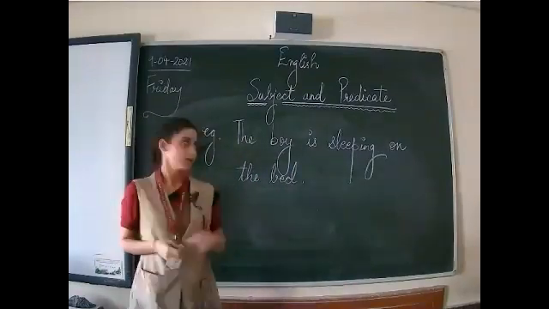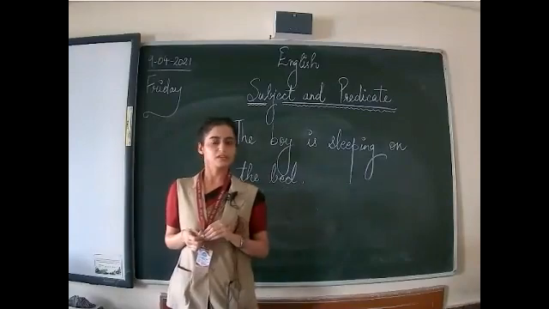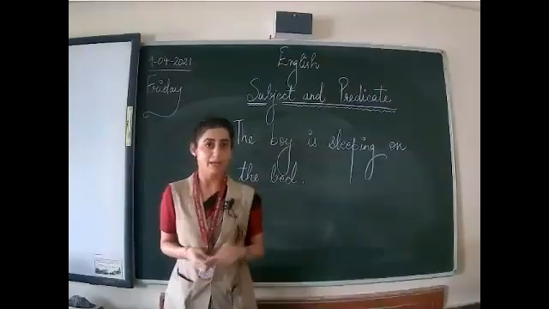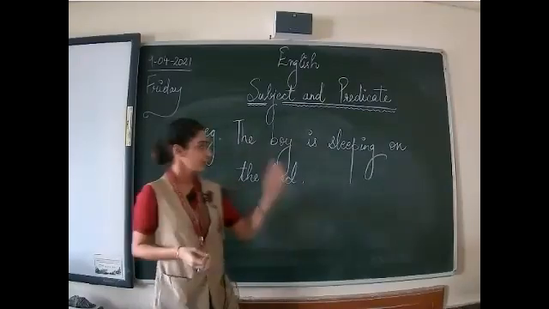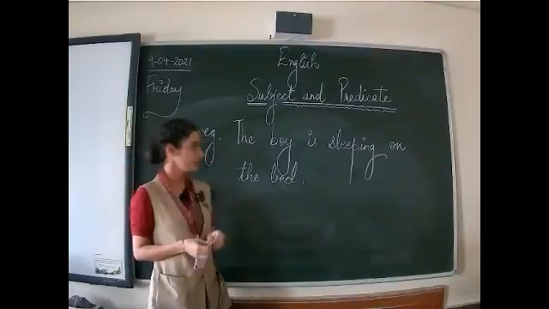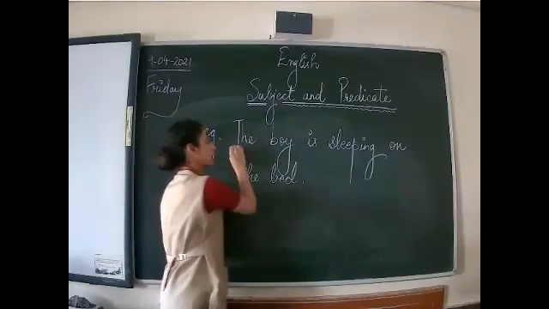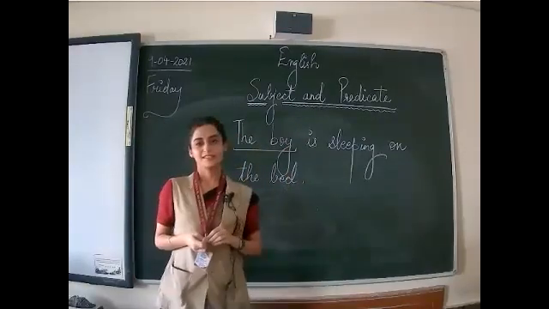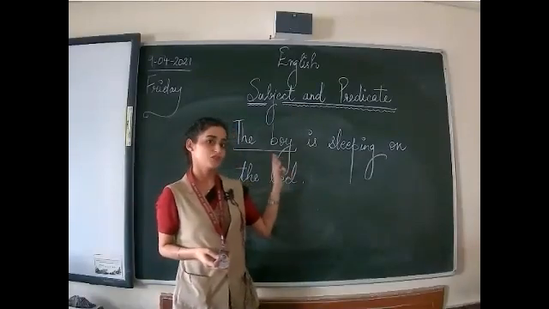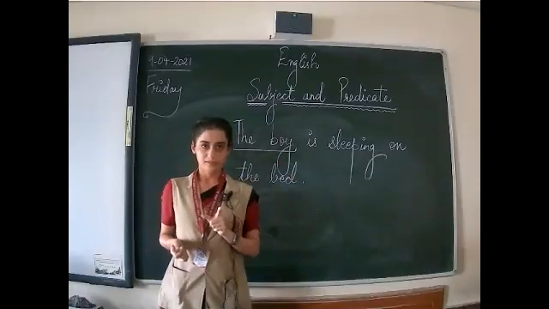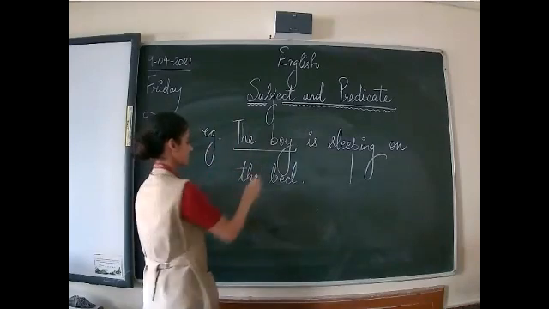Now, what is being talked about? Who is being talked about in the sentence? Any guesses? Who is sleeping on the bed? The boy, right? So the boy is your subject.